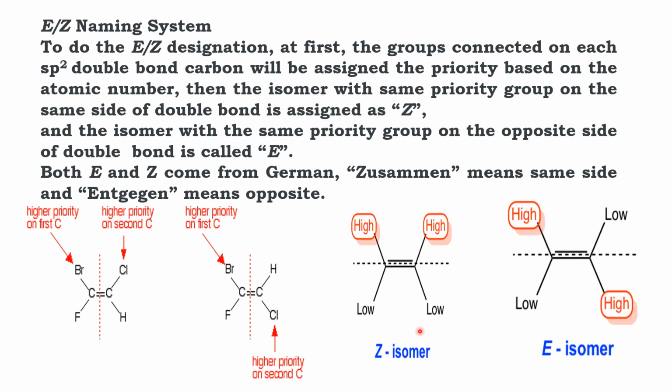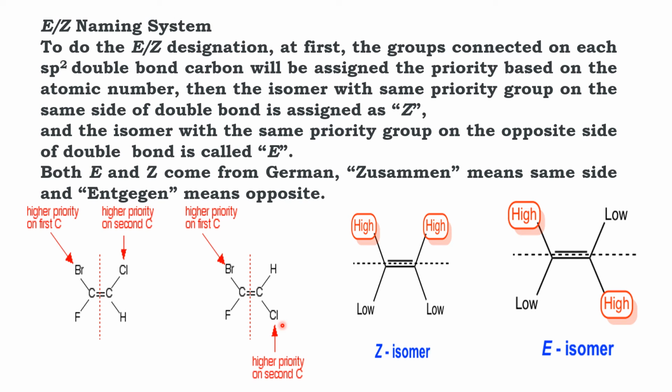Z is called zusammen isomer. How? If the highest priorities are on the same side, or the lowest priorities are on the same side, it is called Z isomer. You got it? Take the second molecule. The highest priority bromine and the second priority chlorine are in the opposite direction.